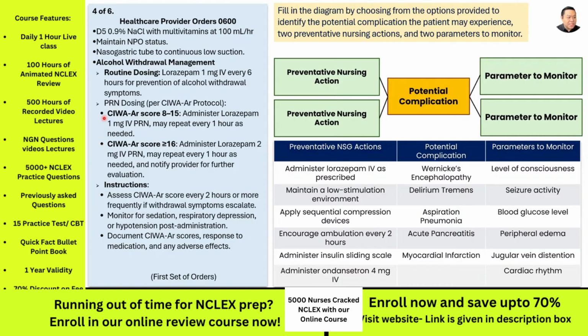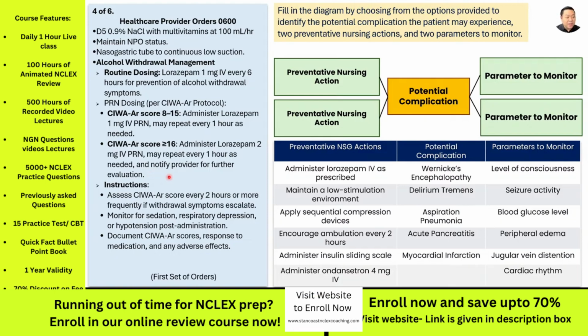And so for a CIWA-Ar score of 8 to 15, the order is to administer lorazepam 1 milligram IV PRN, may repeat every hour as needed. For a CIWA-Ar score of greater than or equal to 16, administer lorazepam 2 milligrams IV PRN, may repeat every hour as needed, and notify provider for further evaluation.